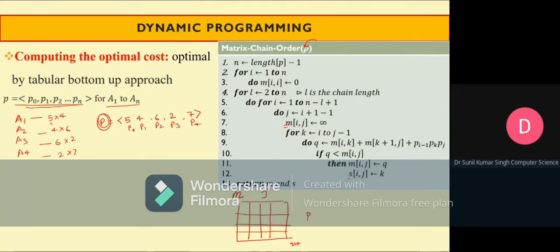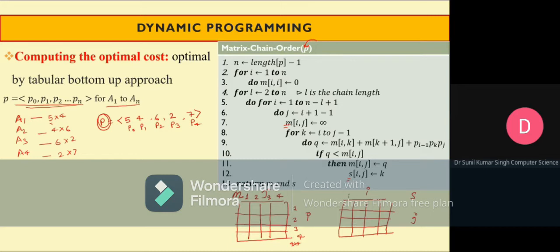Now there is another matrix. Let's call it S, and once again here it is I, and here it is J. Indexes we can mention 1, 2, 3, 4, and here 1, 2, 3, 4.